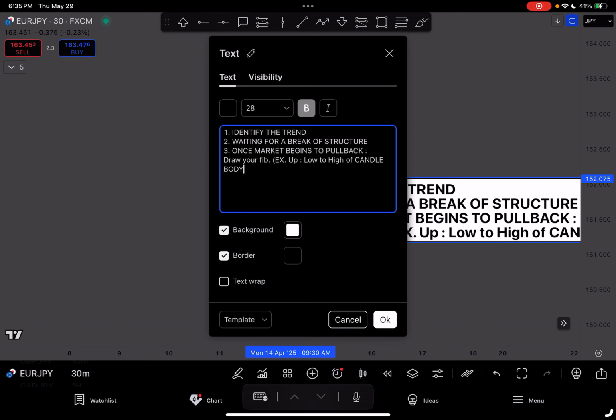That's important. Step 4, wait for pullback to the golden zone.